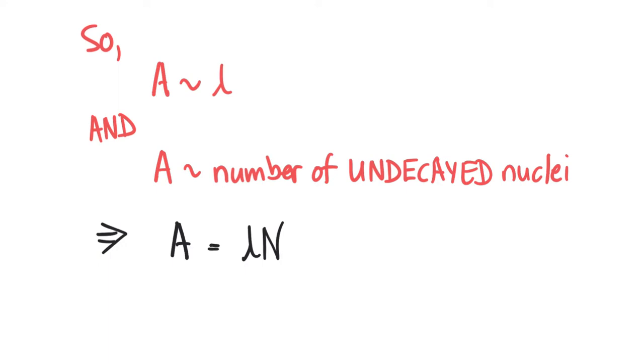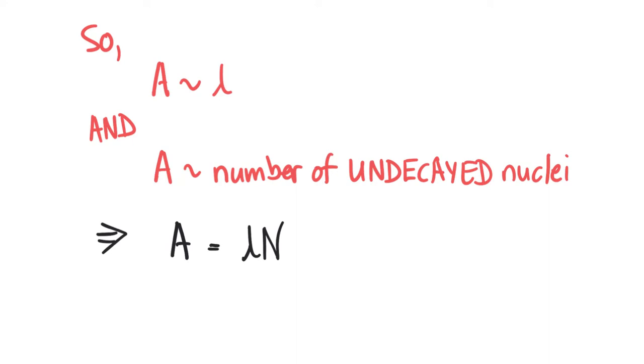It's also important to note that A is proportional to the number of undecayed nuclei. So the more undecayed nuclei there are, the greater the activity. But as the number of undecayed nuclei falls off, as you will see later in this lesson, the activity decreases.